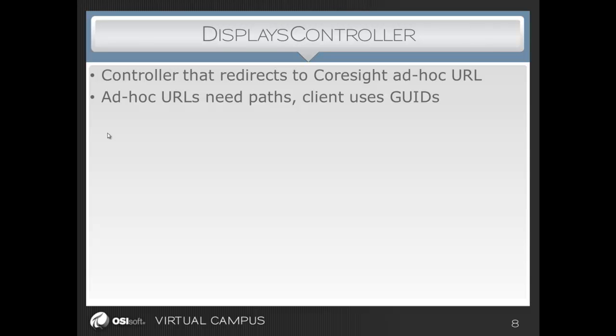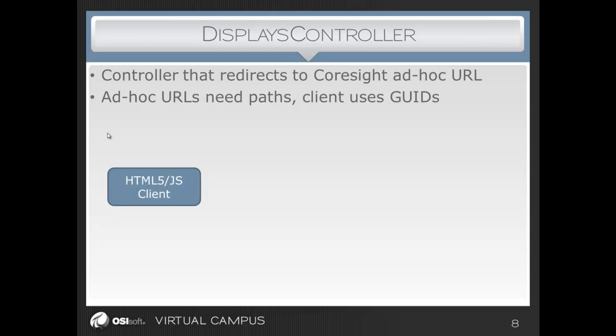The reason we're not using direct ad hoc URLs to the PyCore site is that on the client we don't know the path to that particular asset, and the ad hoc URL needs a path. In the client, we're using the unique element IDs. So the controller basically translates the unique IDs to paths that the ad hoc URL in the PyCore site needs.